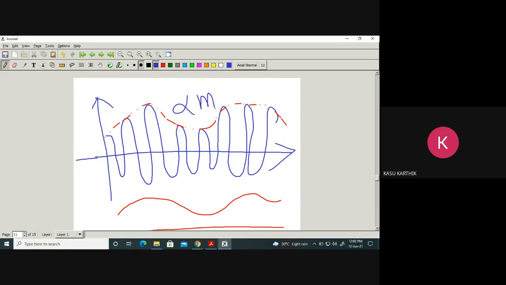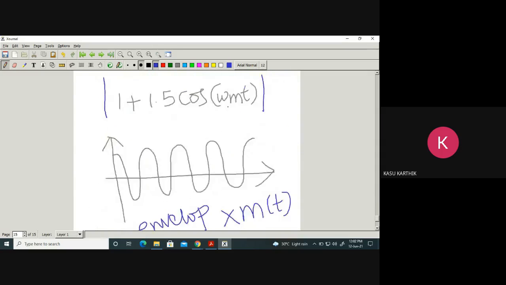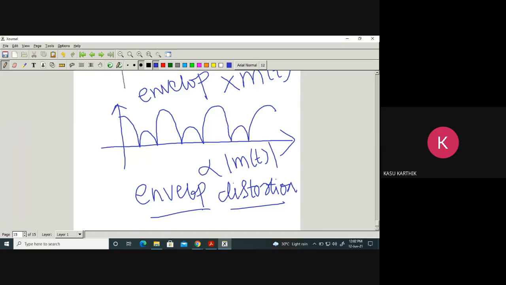But whenever mu is more than 1, envelope is proportional to mod of m of t. So it is called a distortion. It is called envelope distortion. Because envelope doesn't follow message signal, which means envelope does not contain any information about message signal. That is called envelope distortion.